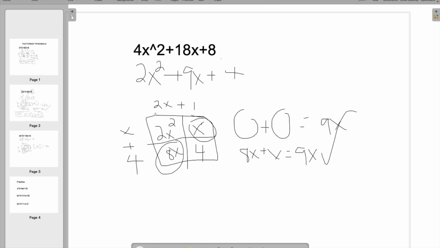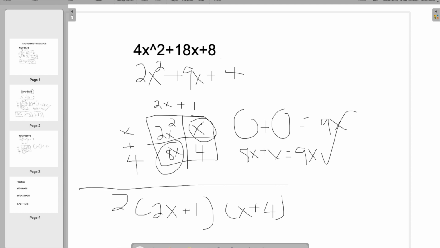Yay, so we found the factorization. Okay, so you want to make sure to write 2 outside of the parentheses. So 2 times parentheses 2x plus 1 times x plus 4. And that is our answer.